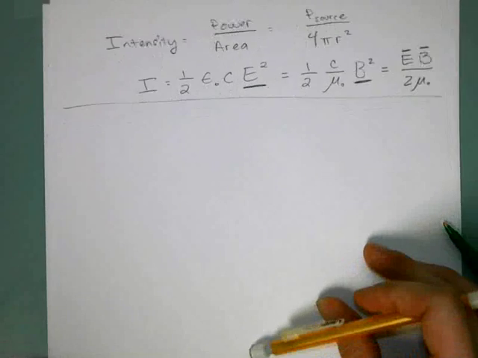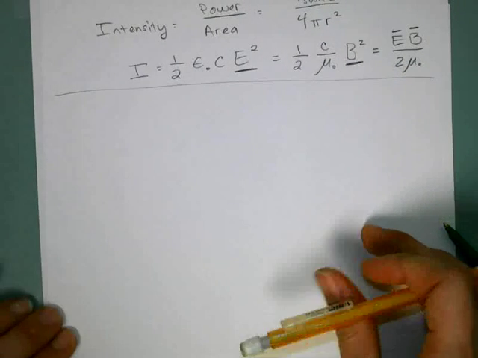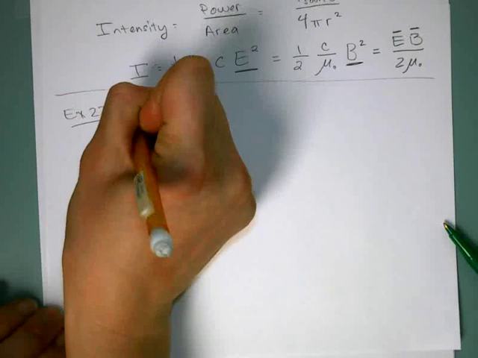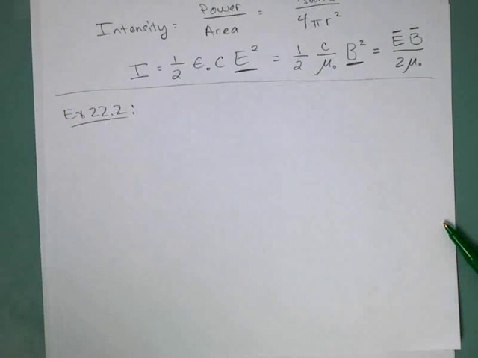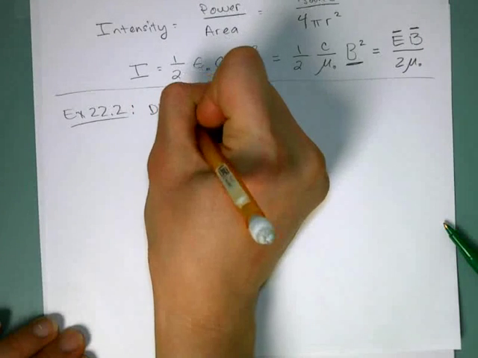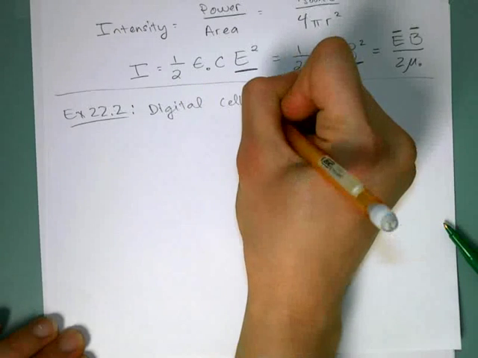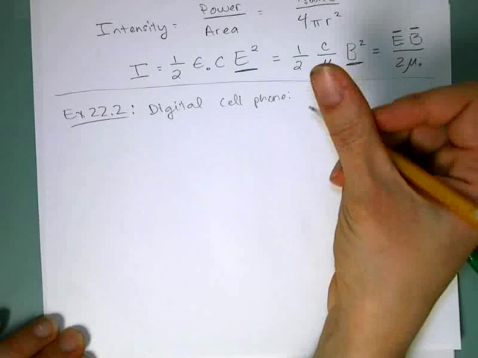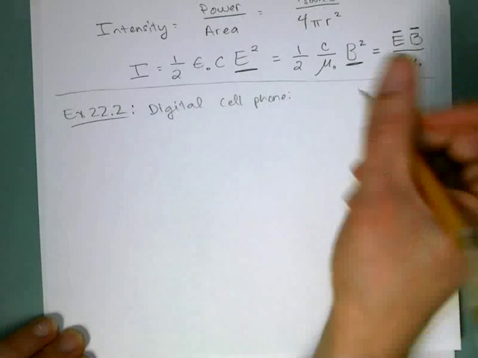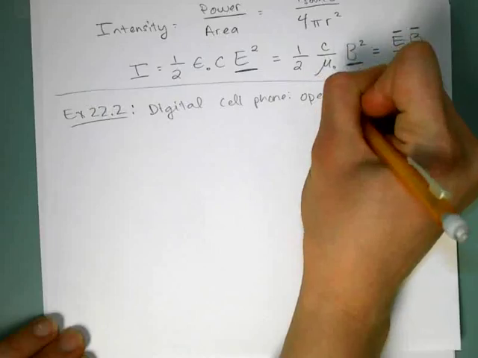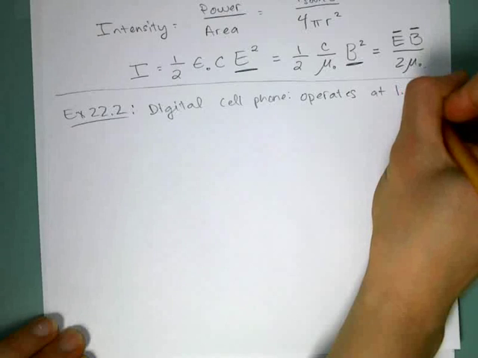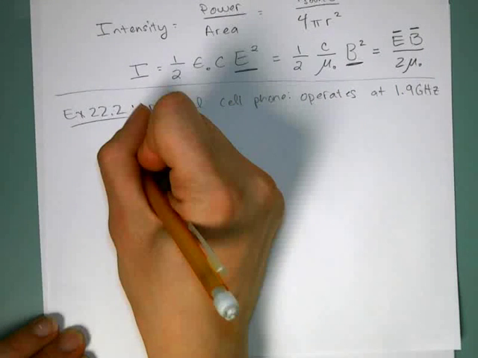All right, so let's do one quick example before we return to the PowerPoint slides and finish off a few things, which we'll call example 22.2. Again, this one is worked in the lecture slides, which is a digital cell phone. Some typical numbers about your cell phone is that its operating frequency is 1.9 gigahertz.